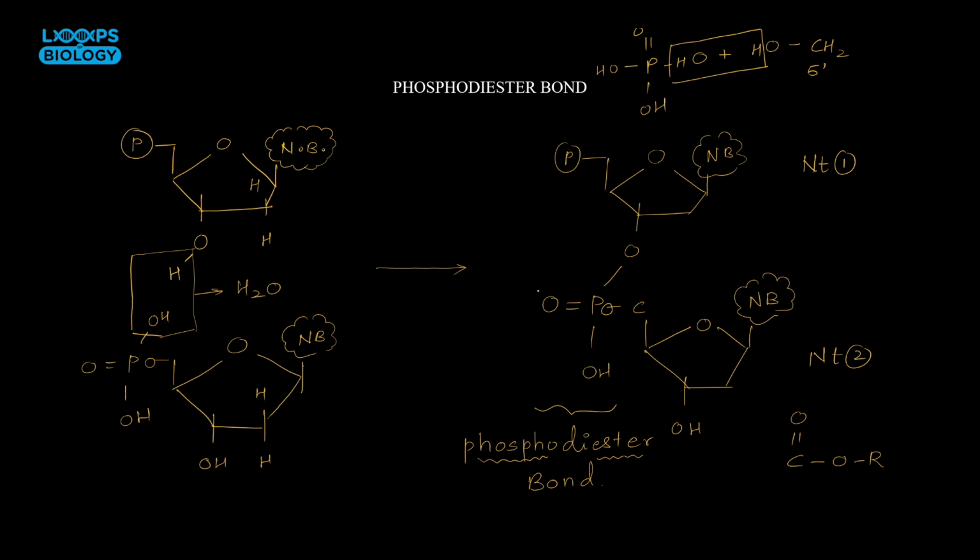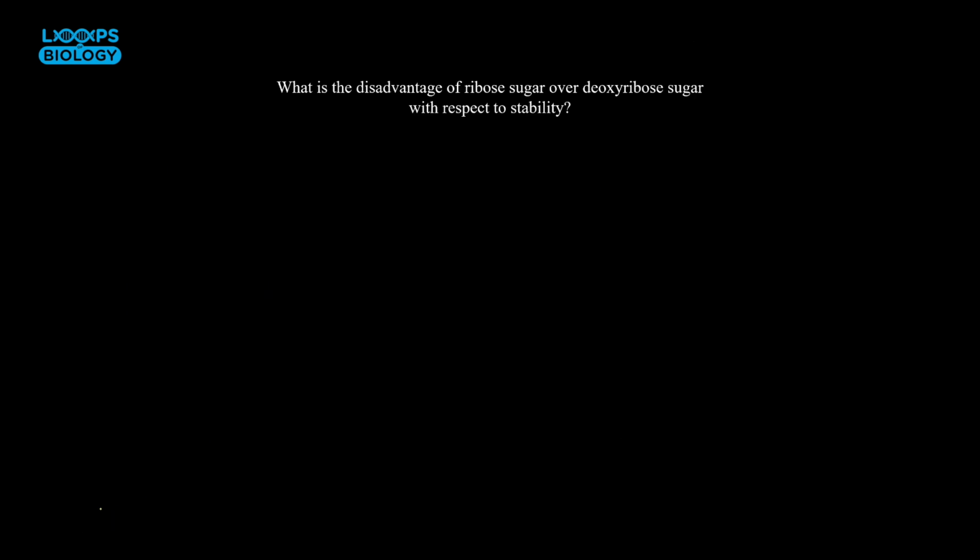If we open this structure up, it looks like O, C, with a phosphate group with double bond O, then oxygen, and then again carbon. So there are two ester-like linkages mediated through one element, that is your phosphorus. That's why it is called your phosphodiester bond. Got it, guys? So this was your phosphodiester bond.